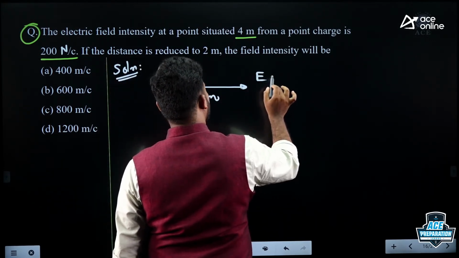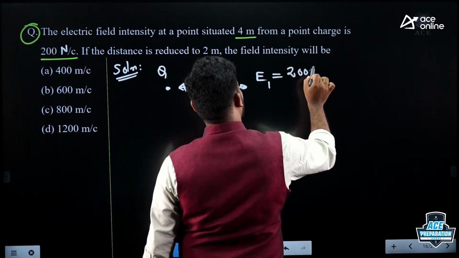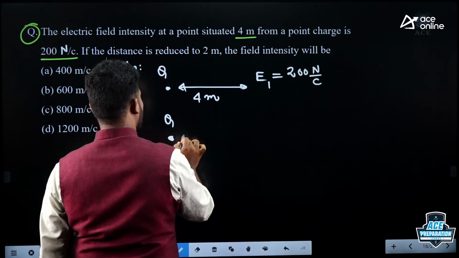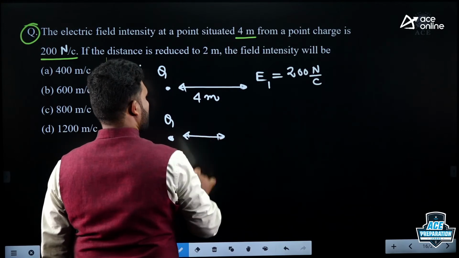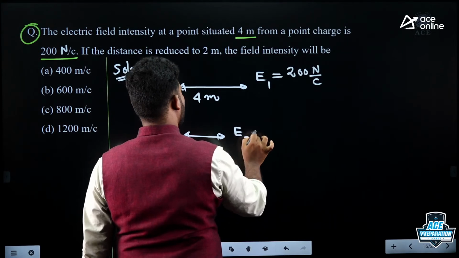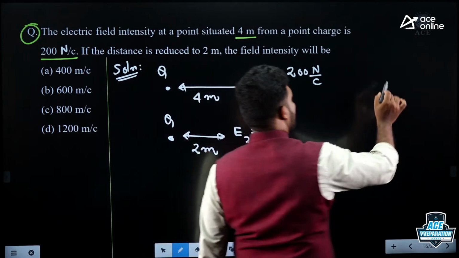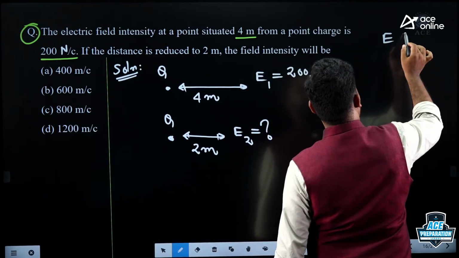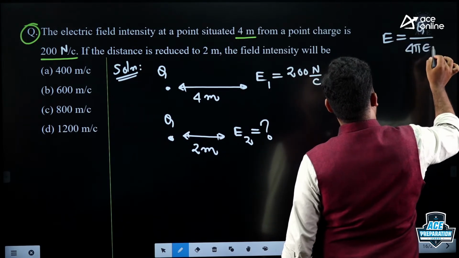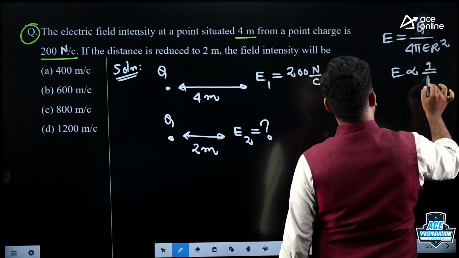The electric field, I'll call this E1, is 200 Newton per Coulomb. And it is asking at 2 meters, what is the electric field E2? How is the electric field related to the distance? We know that electric field E is equal to Q by 4 pi epsilon r square. That is 1 by r square.